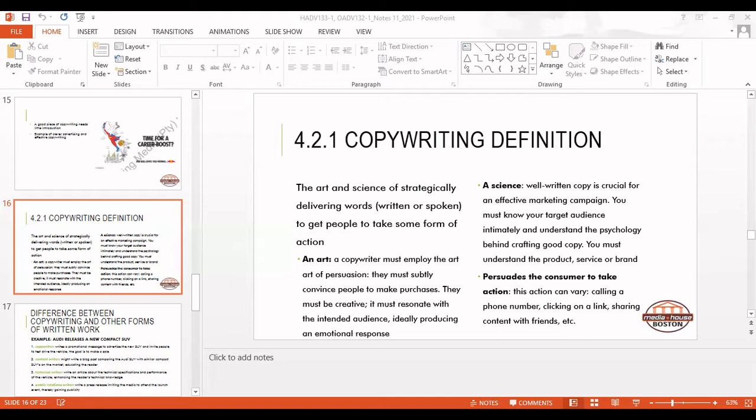A copywriter needs to be very skilled in writing clear, concise, and grammatically correct copy. Okay. It might be in English, it might be in any other language, it might be in isiZulu. Okay. But you need to be grammatically correct. A good copywriter needs to be highly creative, and you have to be curious, and you have to have detail-oriented ideas.